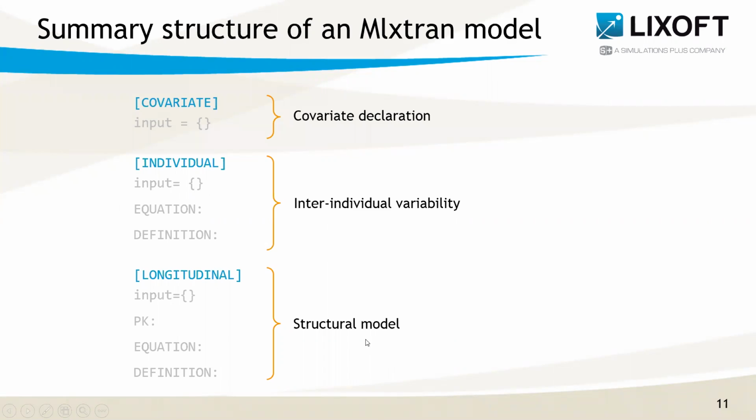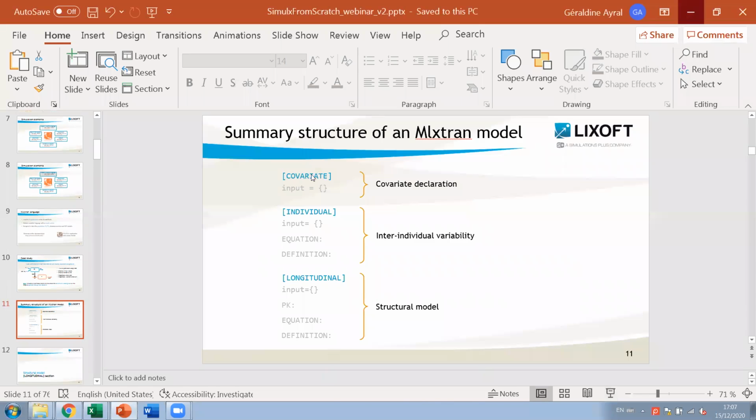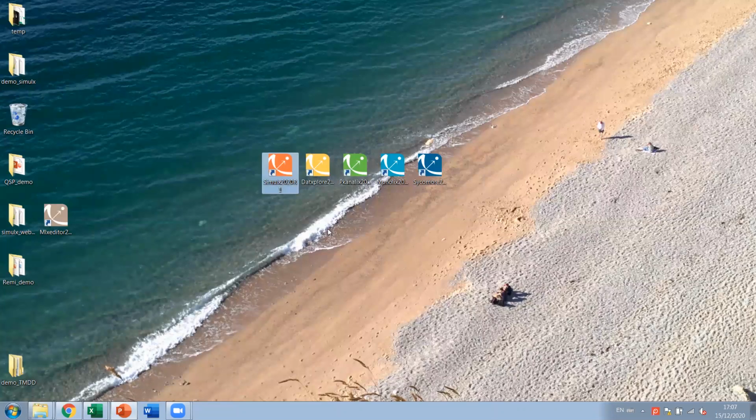And we're going to see how to construct these different sections step by step, starting with the structural model. So the longitudinal section is the only mandatory one, and I will start with this one and then add things on top of it. So to start, I'm going to open the Simulx application, which is the orange icon.